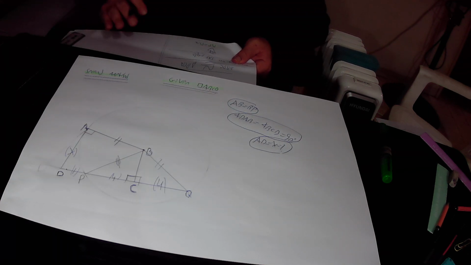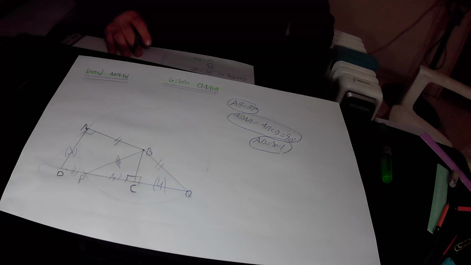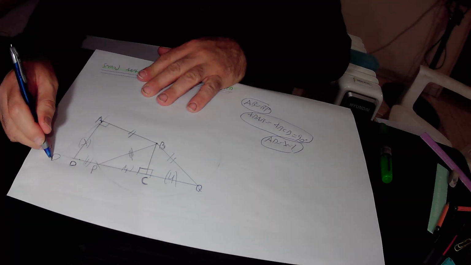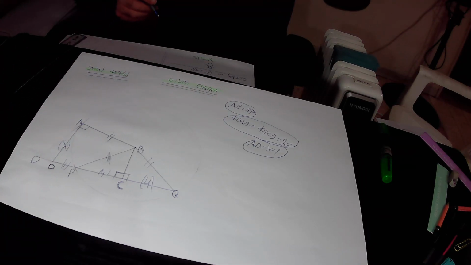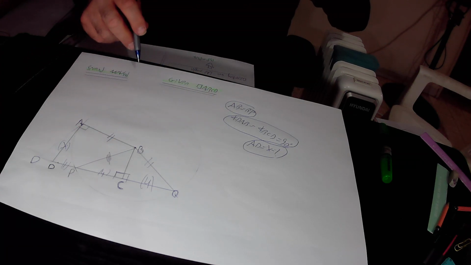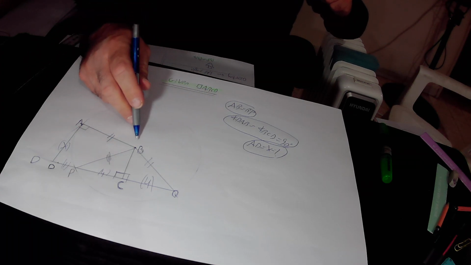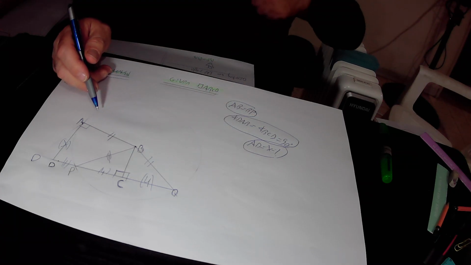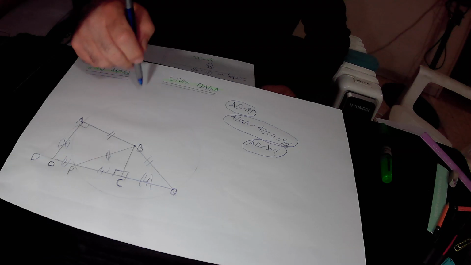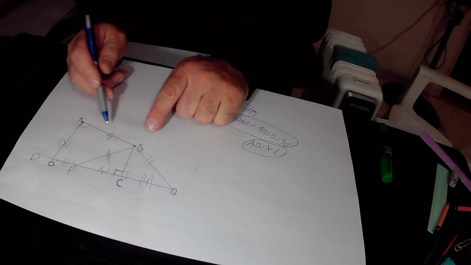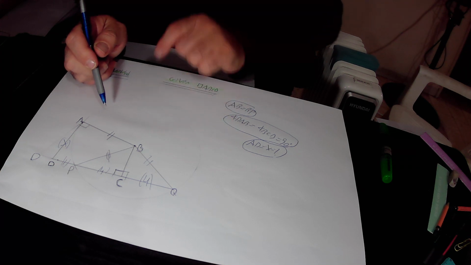In the next step, we'll do a construction. That is to say, we will draw a circle around point B in such a way that point B will be the center of the circle and BA will be the radius of the circle.